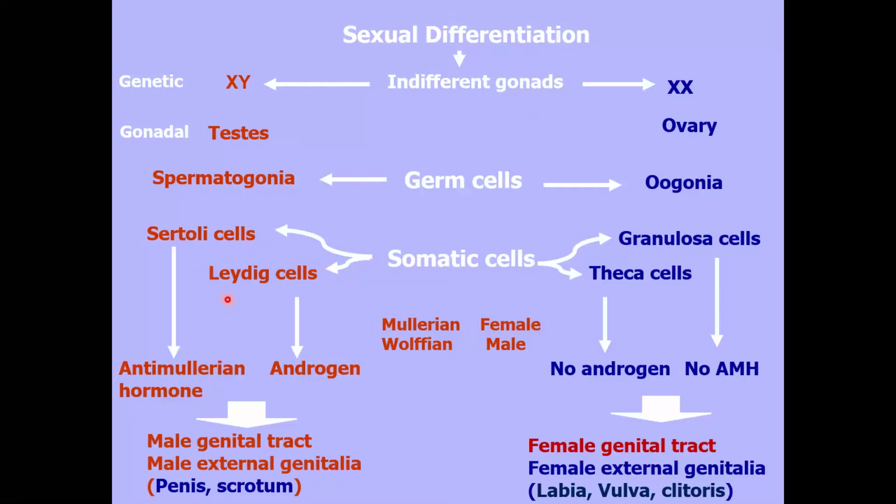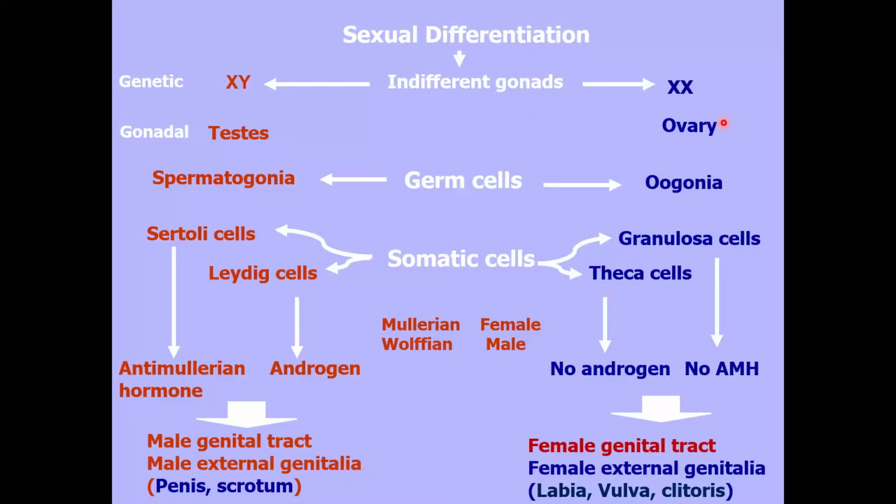And the other thing, the Leydig cells will produce the androgen, and androgen basically acts to support the Wolffian duct, and the Wolffian duct will give rise to the male reproductive system. So for the Wolffian duct to develop, it needs stimulation by the androgen, and the Wolffian duct will give rise to the male reproductive system, which includes the male genitalia and the male external genitalia.